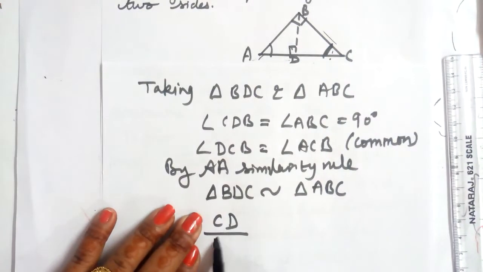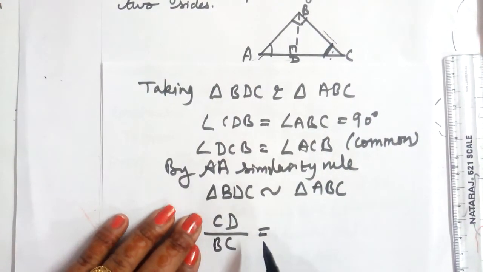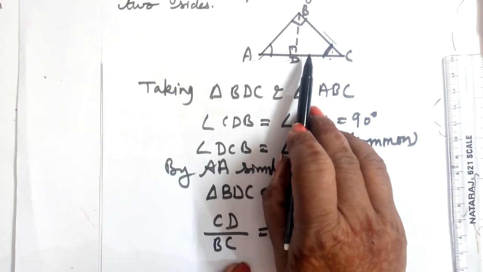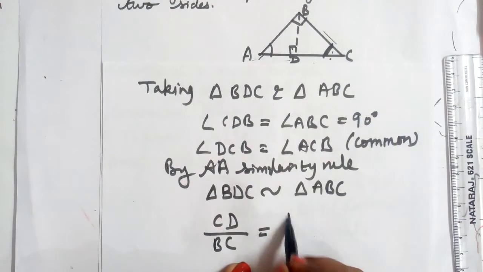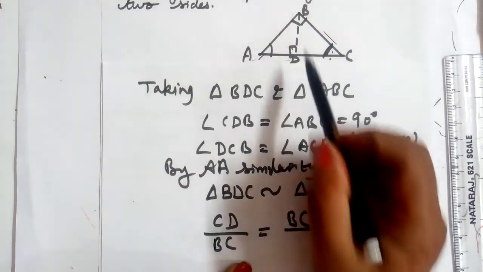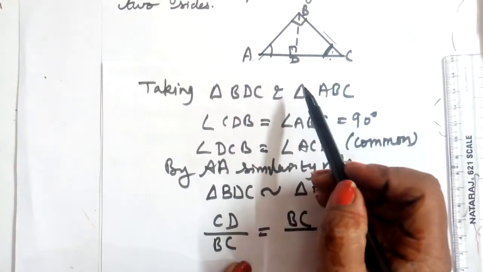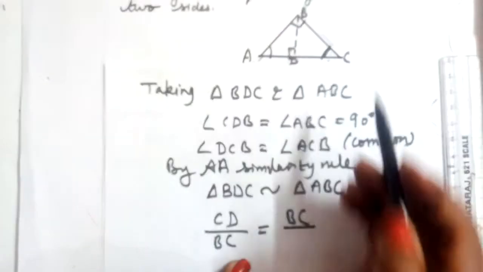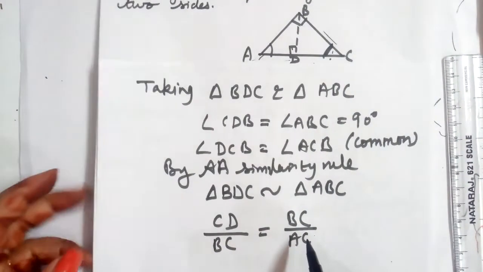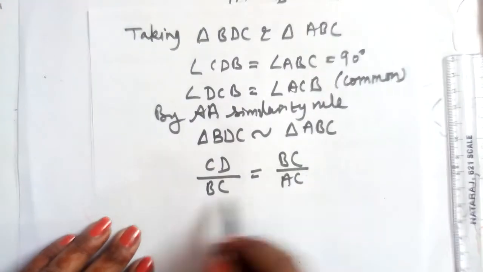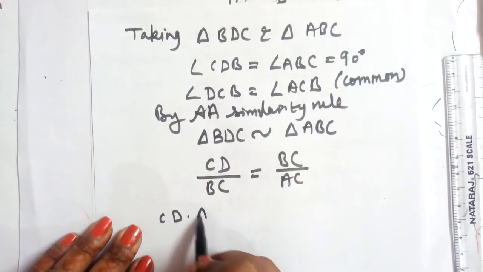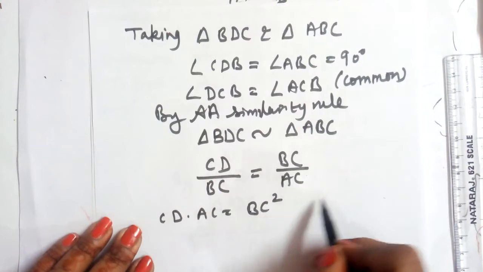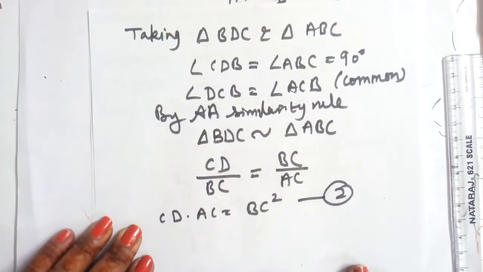So CD upon BC is equal to, again we are taking the hypotenuse of the smaller triangle, that is BC or CB, you can write. Yes, BC upon, and what is the hypotenuse of this bigger triangle, that is AC. So again we are doing the cross multiplication. So CD into AC is equal to BC square. So this is the second equation we can say.